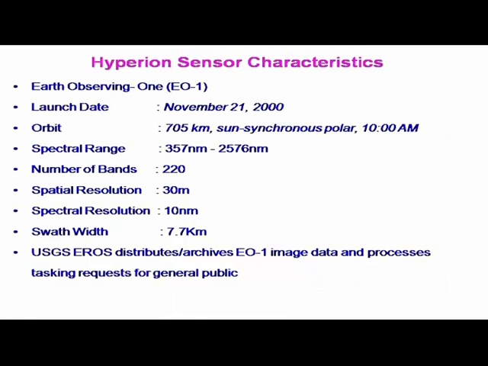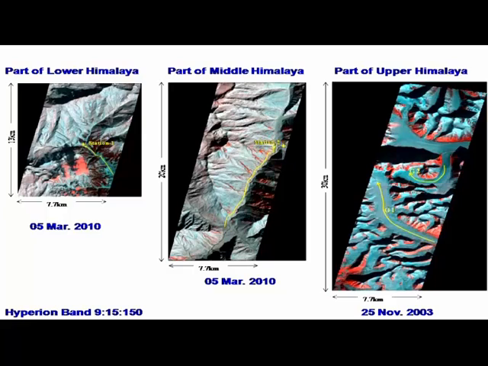The Hyperion sensor, which is on board the EO1 satellite and working since 2000, has 30 meter spatial resolution and spectral resolution of around 10 nanometer. These are the scenes of different ranges, and we have estimated the snow grain size for these regions.